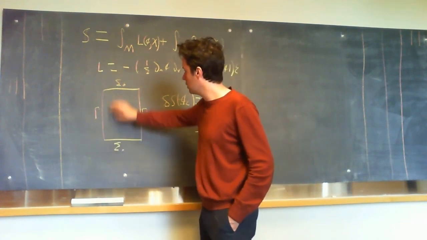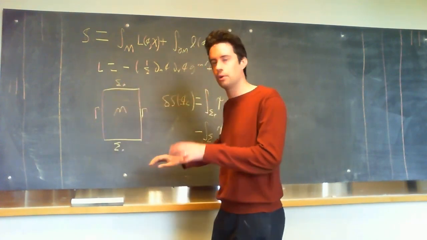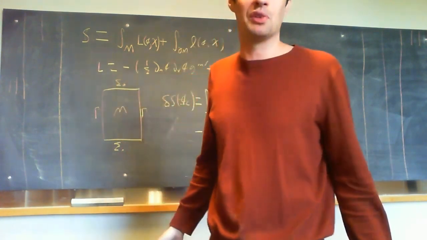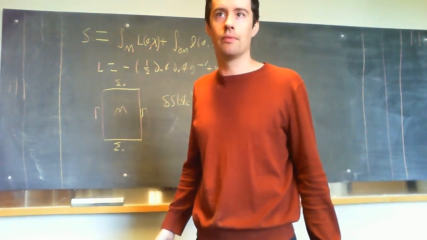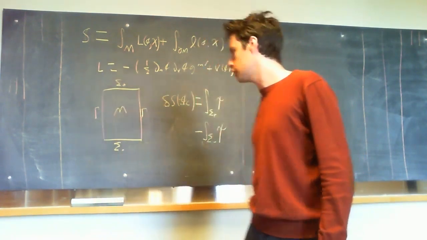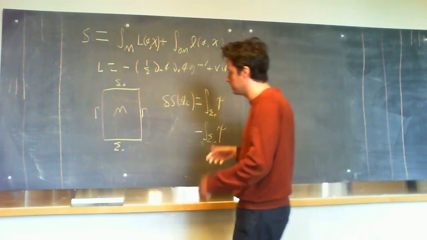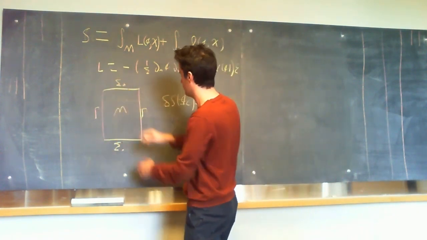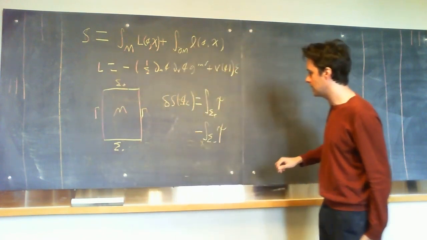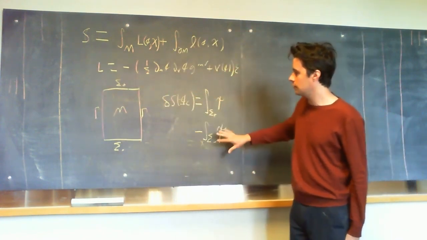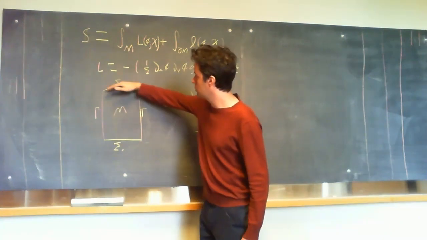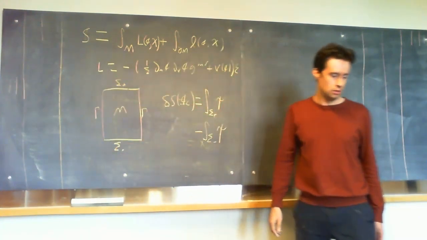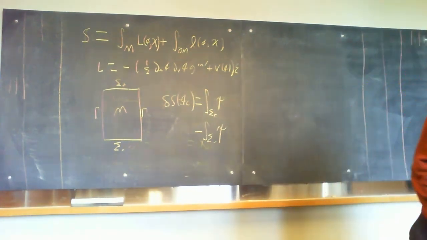But imposing them here, that would be too much. If I impose boundary conditions here and here, then if I'm lucky, there will be one solution, and there may not be any. So I want to consider variations which preserve the boundary conditions here, but which are arbitrary in the future and the past. And then the best I can get is that the variation of the action will just give me a term here and a term here and nothing else.